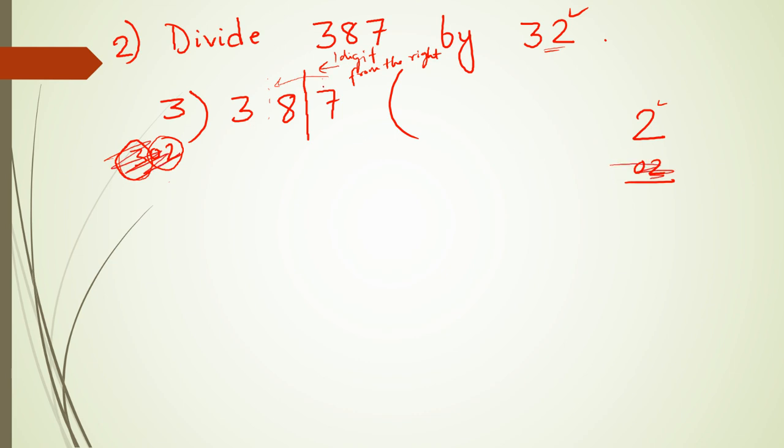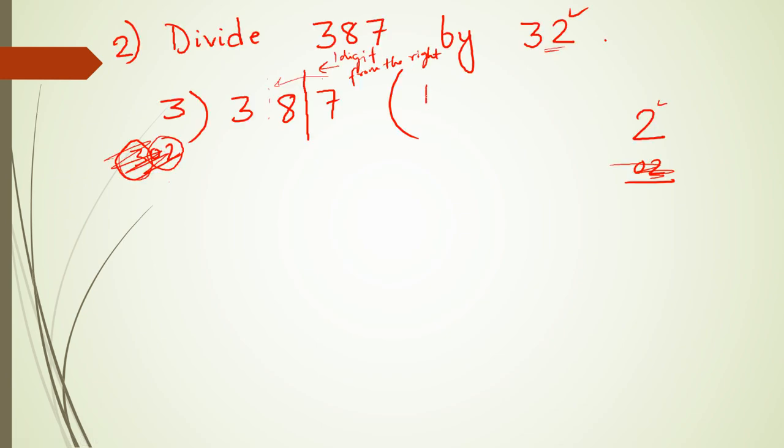Right now the situation is 387 needs to be divided by 32. Okay, so we will divide 3 times 1. 3 times 1, so we will divide this.